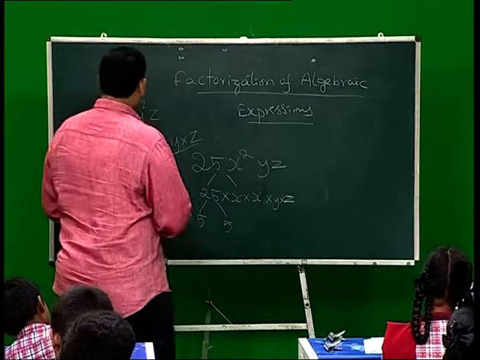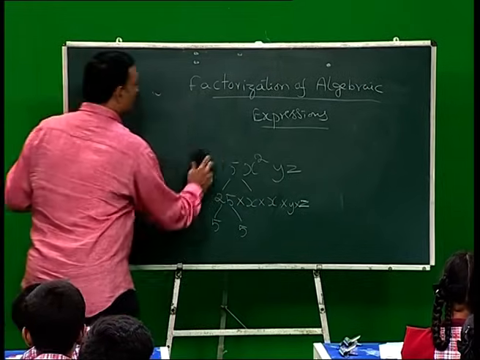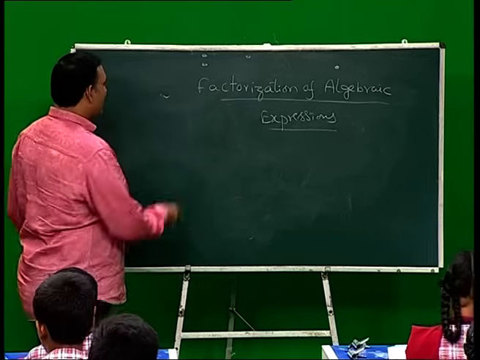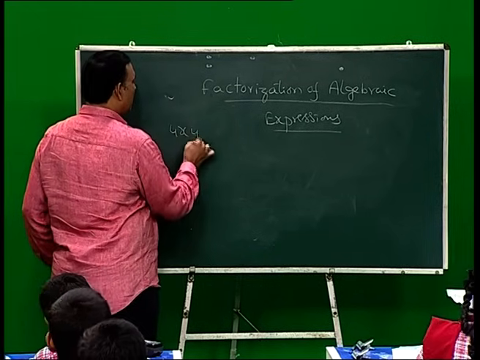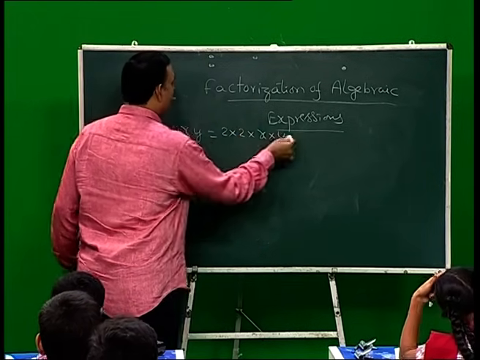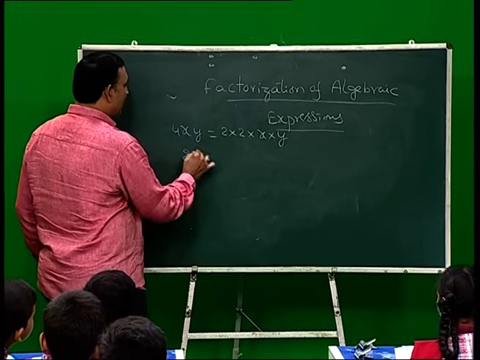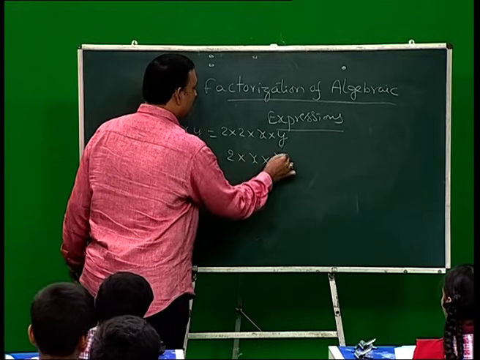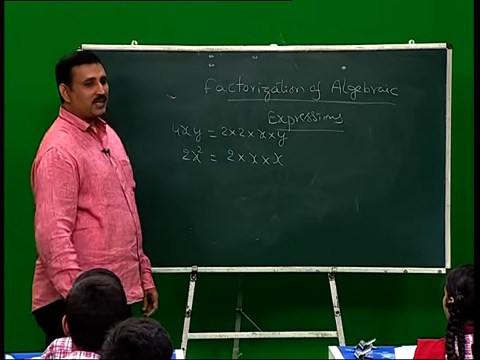Right? Just I will show you one small example so that you can understand it quickly. For example, suppose you are considering 4xy. You can write it like 2 into x into y. The other one is 2x square, that is 2 into x into x. Now can you take the common factors?